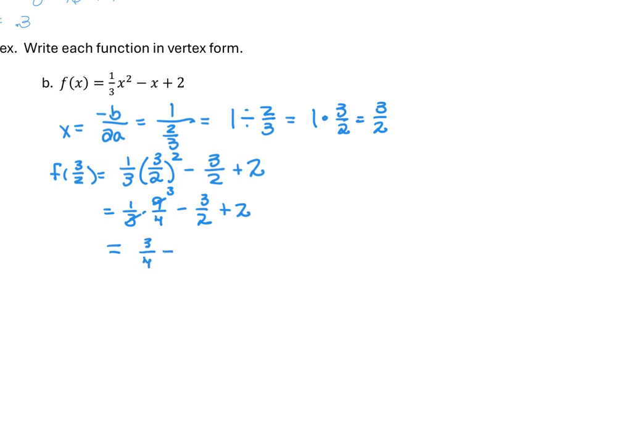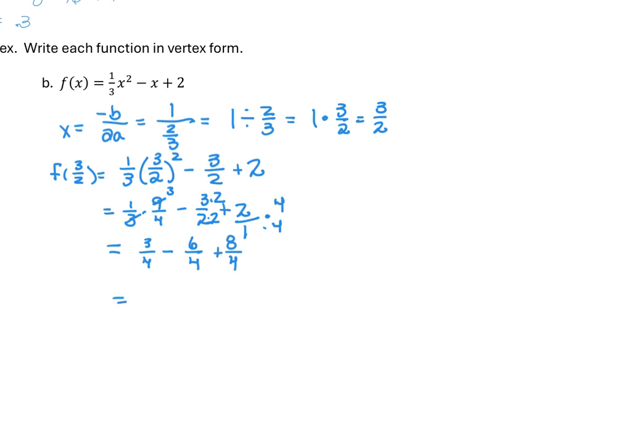I want to write everything with a denominator of 4. So the middle term, I want to multiply by 2 over 2. We get 6 over 4. And my last term, I want to multiply by 4 over 4. And we get 8 over 4.